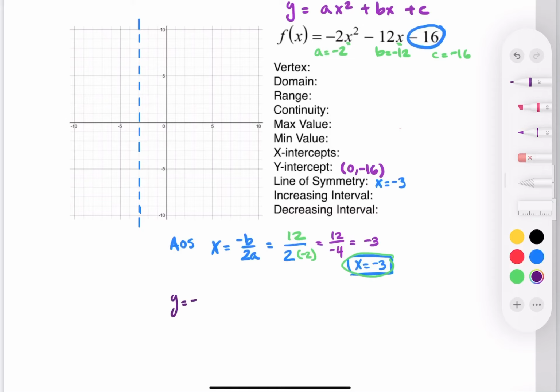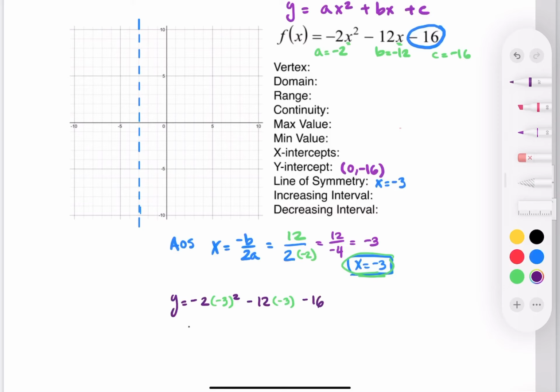So we have y is equal to -2 times our x that we found, which is -3, squared, minus 12 times -3, and then we have our minus 16.